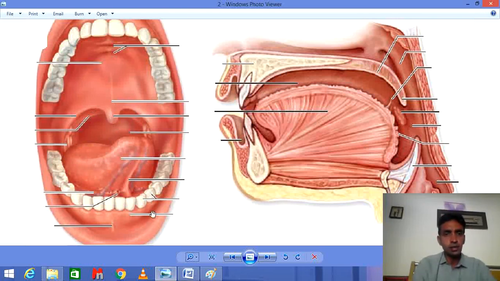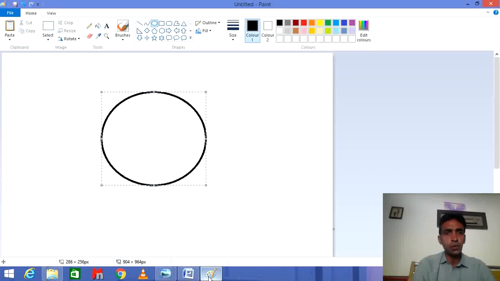Over here, this is what we call the uvula. I will draw the uvula over here. So this is the uvula.